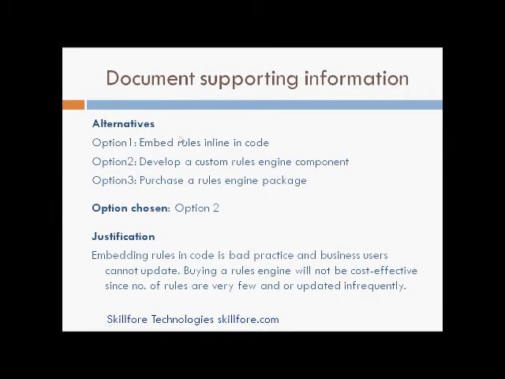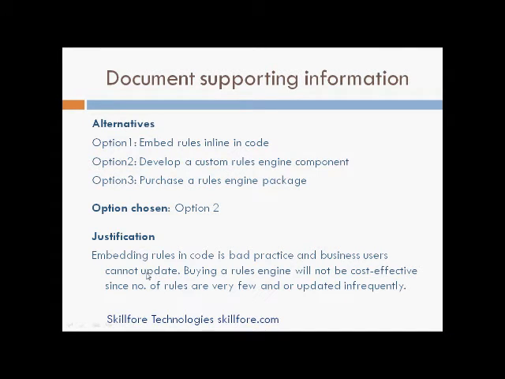So finally, here is how you document the steps that you have followed for the entire activity. First, you document the alternatives, and these are the alternatives you have considered to address the problem. And the option that we have chosen is option 2, that is, to develop the custom rules engine component.